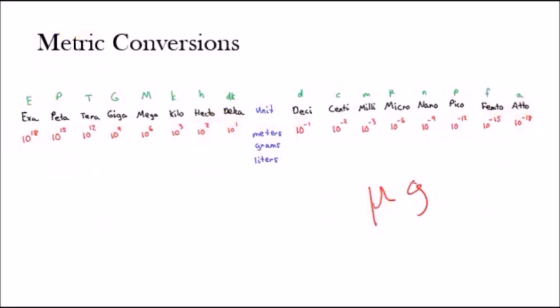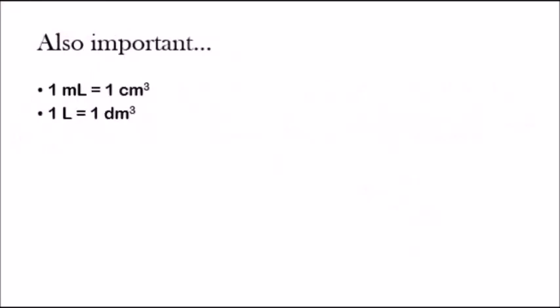Alright. So now that we've got that covered, this is very important: 1 centimeter cubed is 1 milliliter. So if you have a little box that was 1 centimeter by 1 centimeter by 1 centimeter, like a cube, and those are its dimensions, that would have a volume of 1 milliliter.